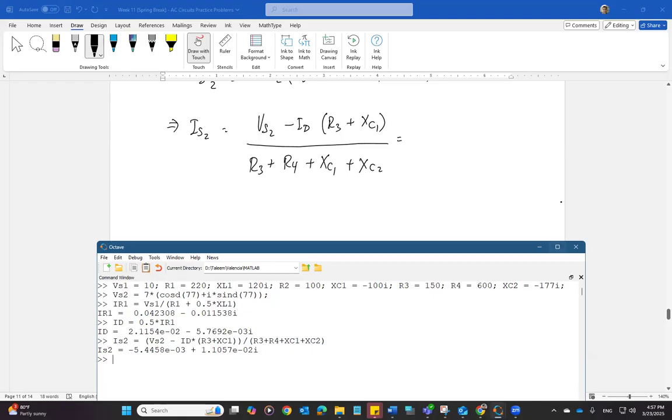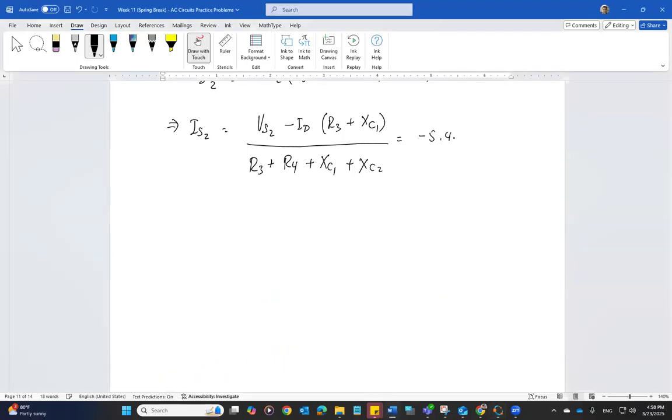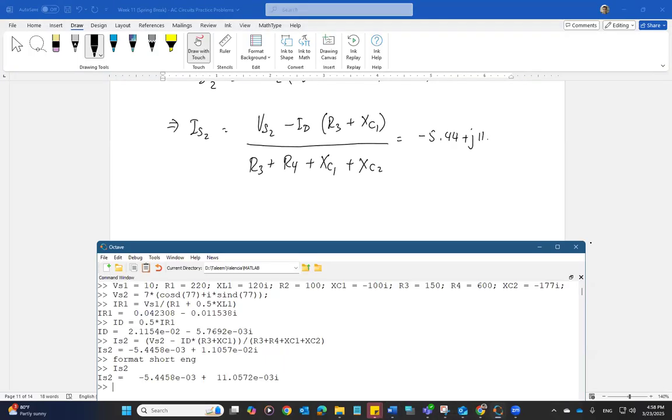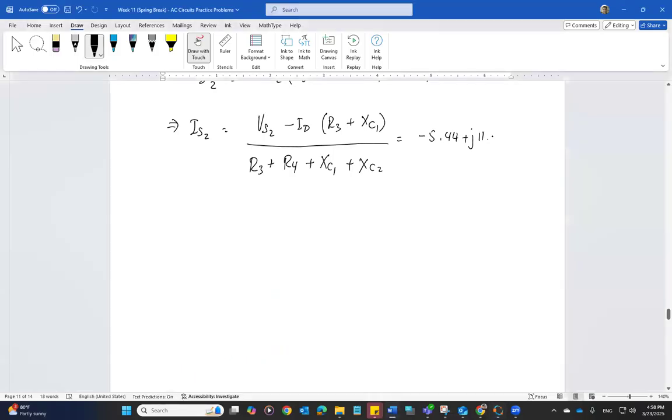Okay, negative 5.44 exponent negative 3 plus 1.10 exponent negative 2. So if I write this down in milliampere, or I can just do format short g, and IS2 is negative 5.44 plus j 11.05 milliampere.